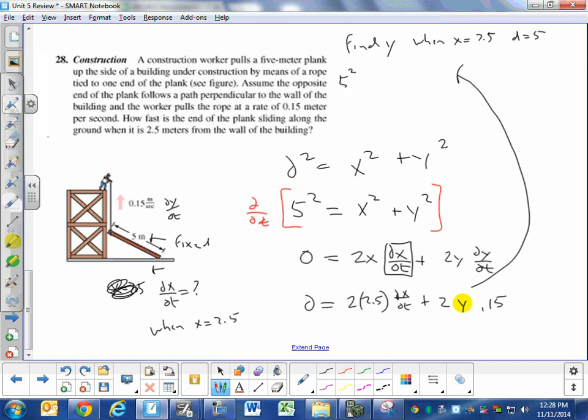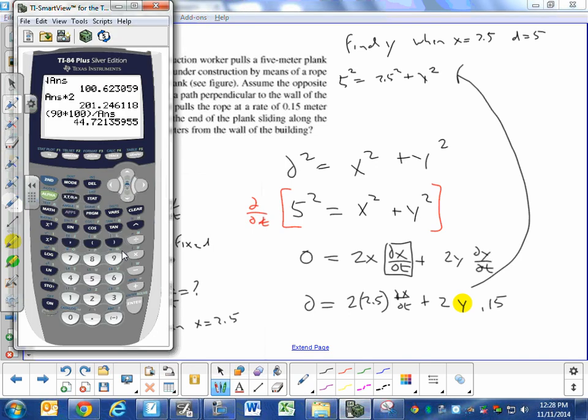So 5 squared is equal to 2.5 squared plus y squared. 5 squared minus 2.5 squared, square rooted, gives 4.330127.